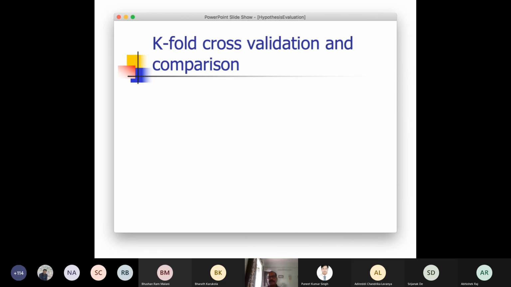We also talked about k-fold cross-validation earlier, I hope. When you are checking the generalization test error, sometimes with limited data it is difficult to have an exclusive test set and exclusive training and validation sets. So what we do is consider the whole training set, with one part for training and another for validation, but we rotate it.